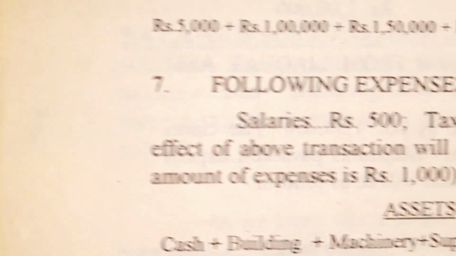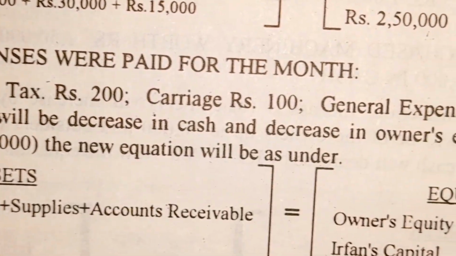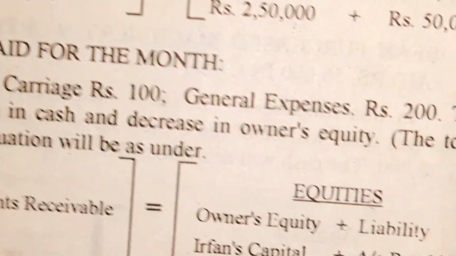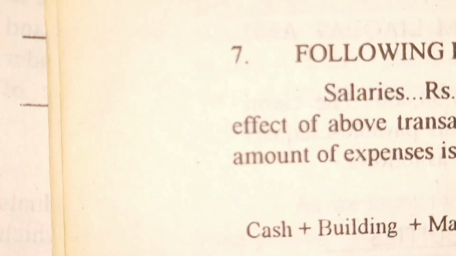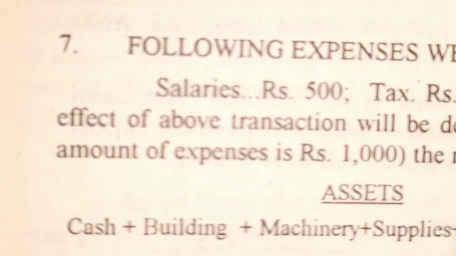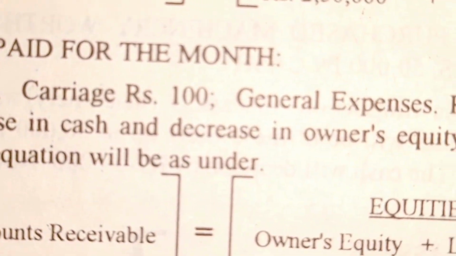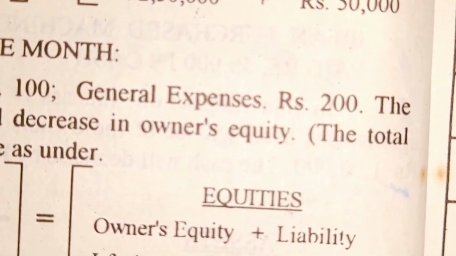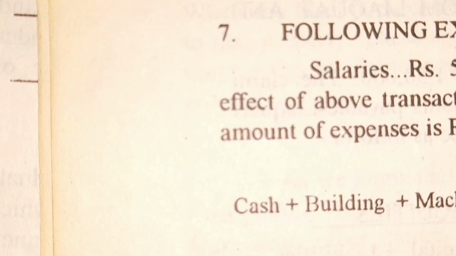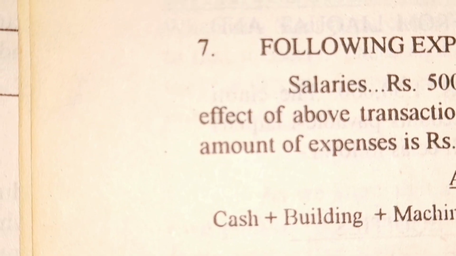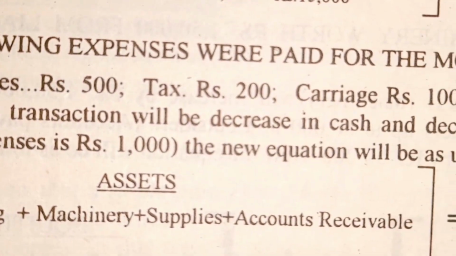The following expenses were paid for the month. Salaries rupees 500, tax rupees 200, carriage rupees 100, general expenses rupees 200. The effect of the above transaction will be a decrease in cash and a decrease in owner's equity. The total amount of expenses is rupees 1,000. The new equation will be as under.